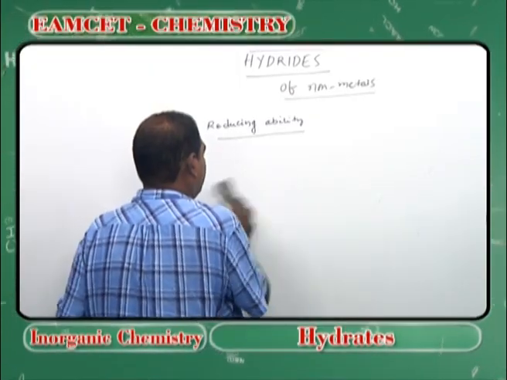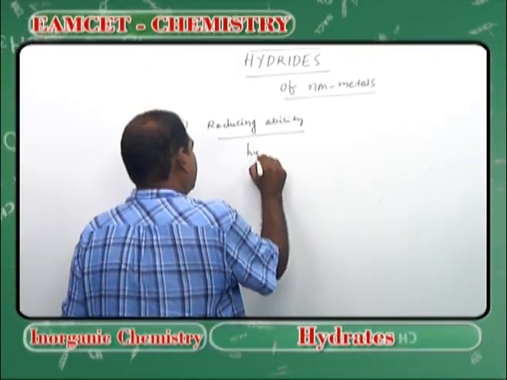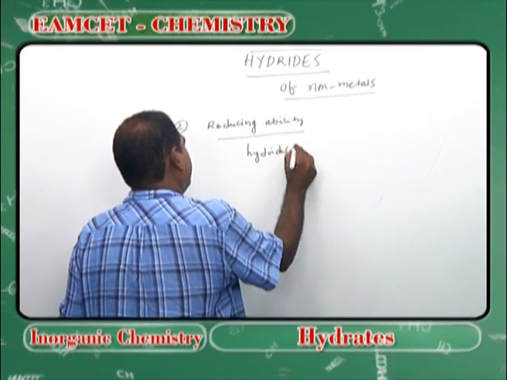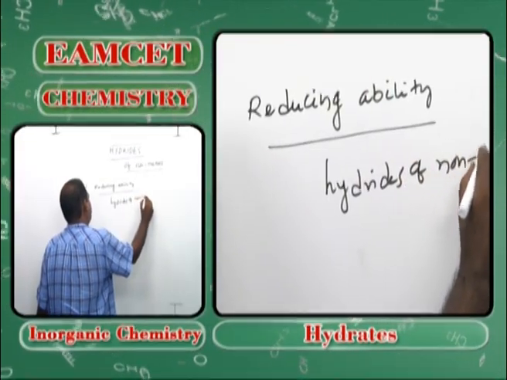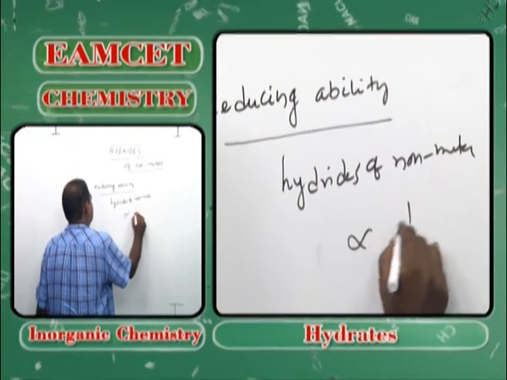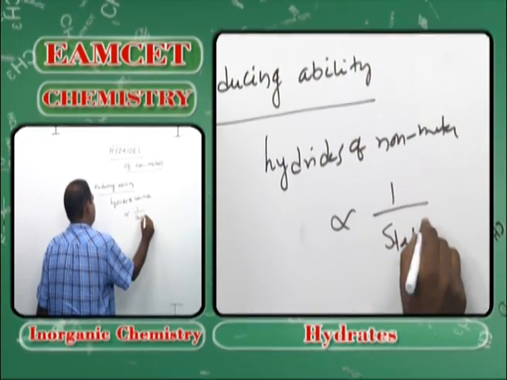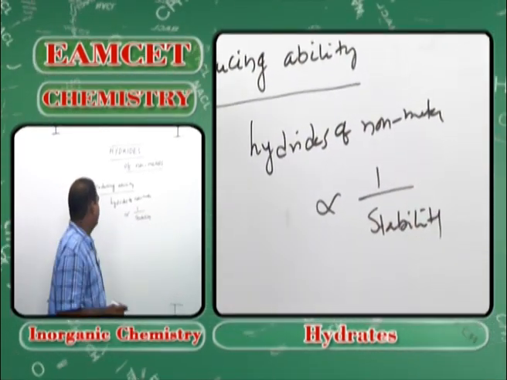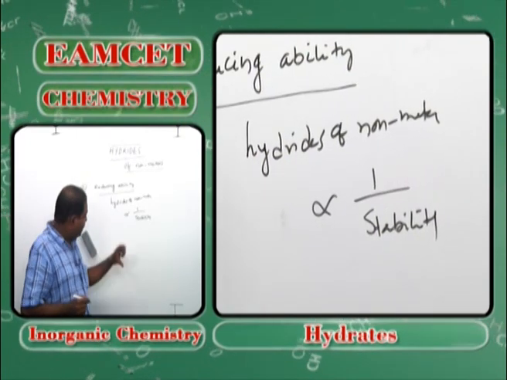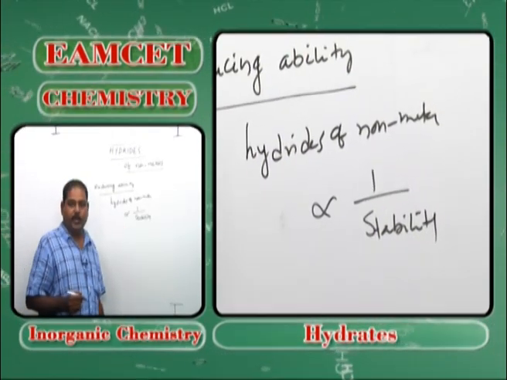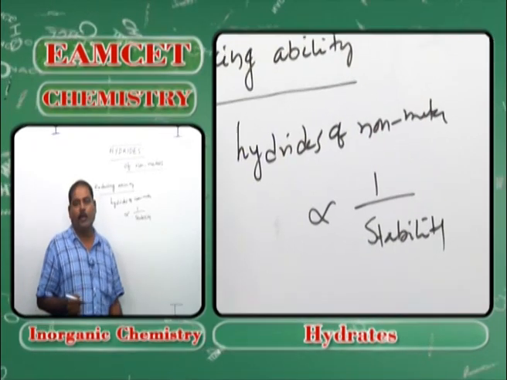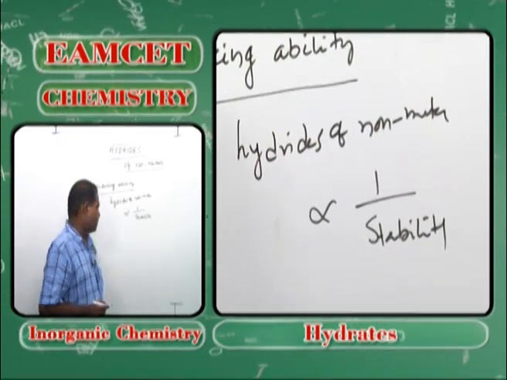So, the reducing ability of hydrides of nonmetals is inversely proportional to their stability. If a molecule is very stable, how can it give hydrogens on heating? It doesn't.